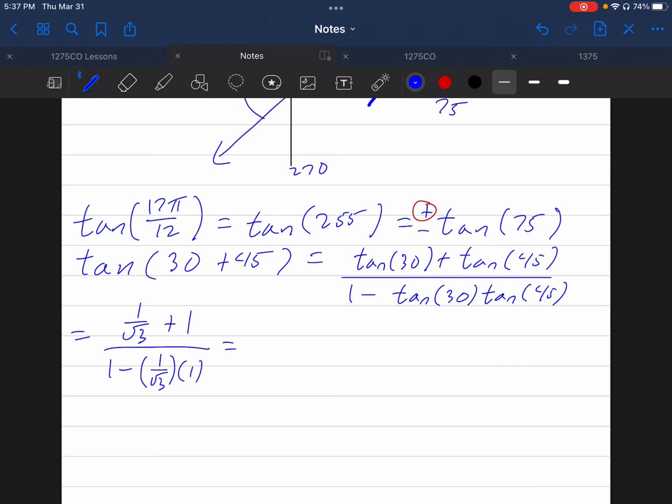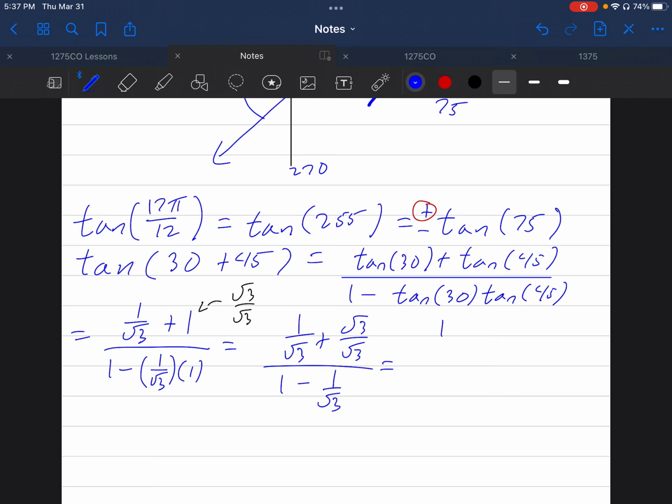Adding on the numerator, multiplying by radical 3 as a common denominator, that's 1 over radical 3 plus radical 3 over radical 3, divided by 1 minus 1 over radical 3, which is just this multiplication right there.